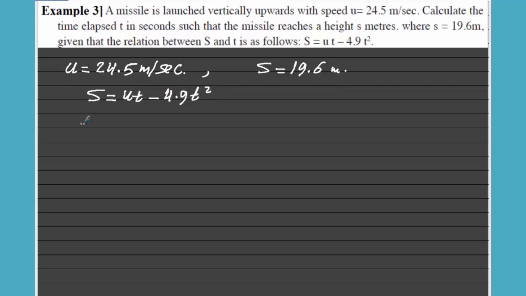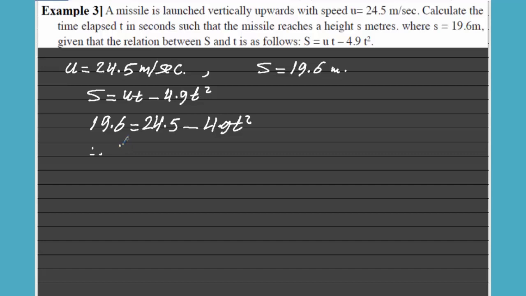So we substitute s equals 19.6 when u equals 24.5 minus 4.9 t power 2, and then we arrange the equation according to the power of t descending.